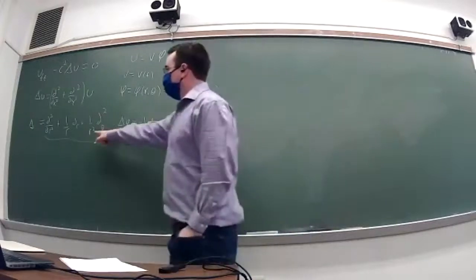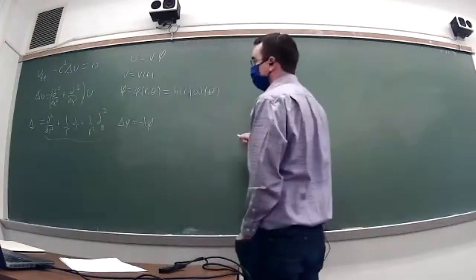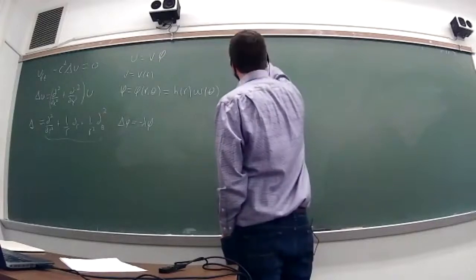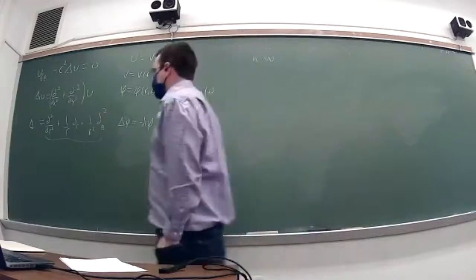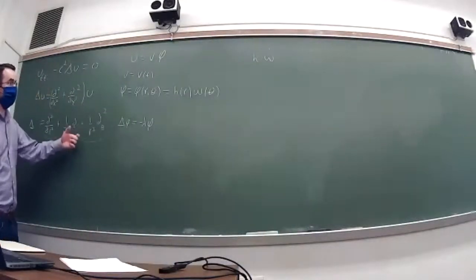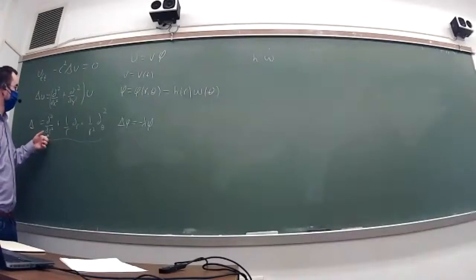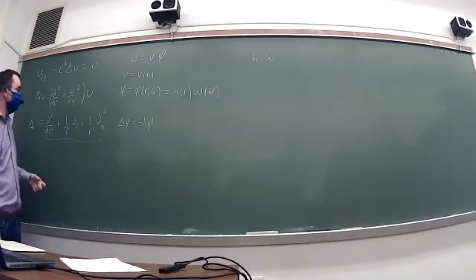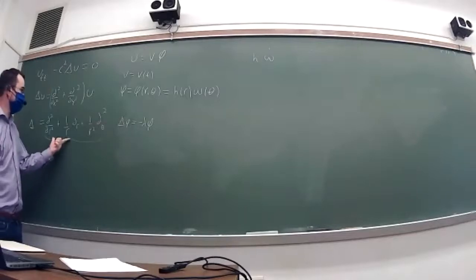And we've got this formula for the Laplacian. So I'm going to take h times omega, and maybe you'll permit me to do a little less writing. So if I apply the Laplacian to h omega, I can do it piece by piece.